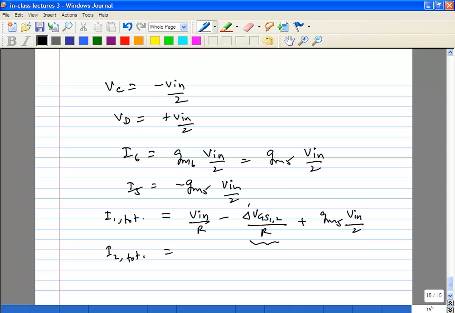This was your error, and this is your feed forward what you have added. So you're going to try to make this whole thing cancel out. So you ideally want only Vin over R at I1.